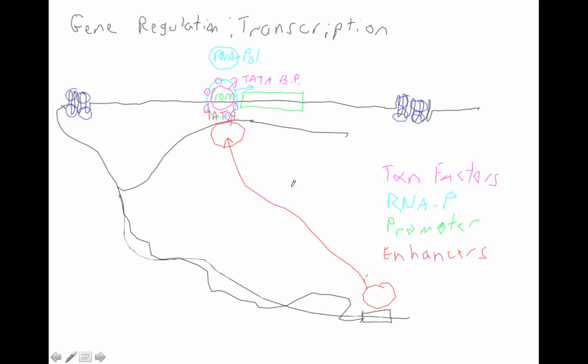All right, so we need these things to happen in order to turn on a gene at the level of transcription. We need our promoter in front of the gene of interest. The TATA binding protein, one of the transcription factors, binds to the promoter. When it binds to the promoter, it will recruit RNA polymerase. Once RNA polymerase is bound to that transcription factor, it's now poised to transcribe this gene.